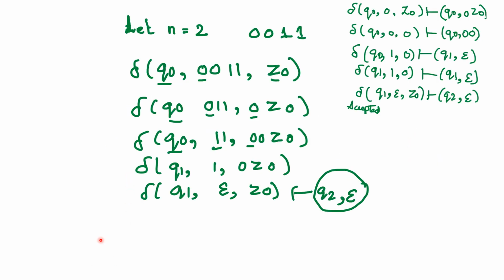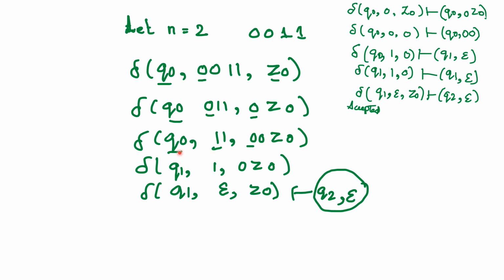Next, we have to ensure whether the string is accepted or not as per the rules, which you framed. Q0 0, you push the value into the stack. Again Q0 0 0, you push the value into the stack.